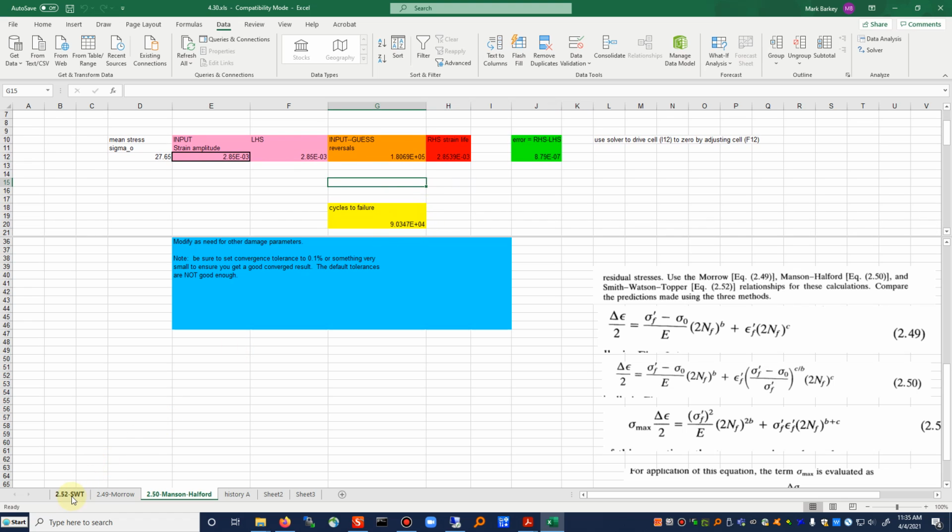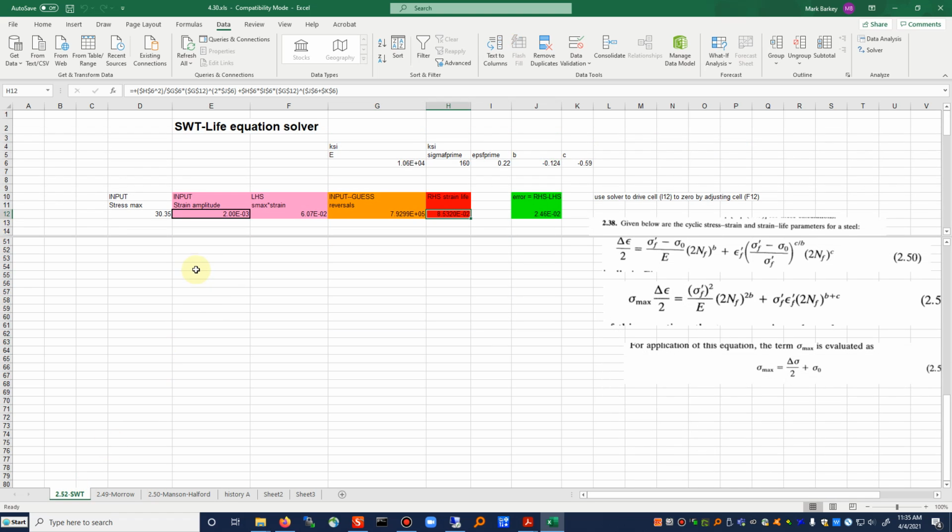And then for Smith-Watson-Topper, we need to input the maximum stress. The maximum stress was 57.9. Strain amplitude was 2853 microstrain.